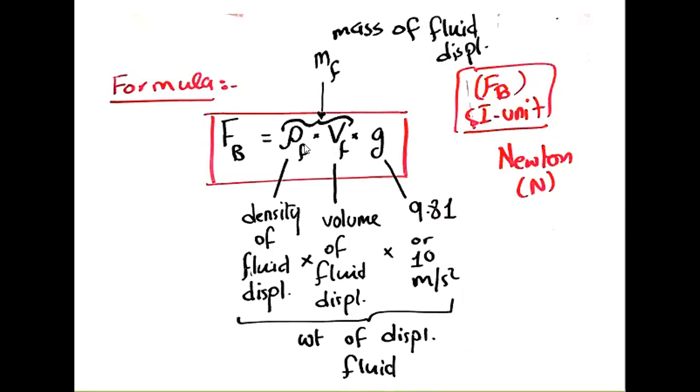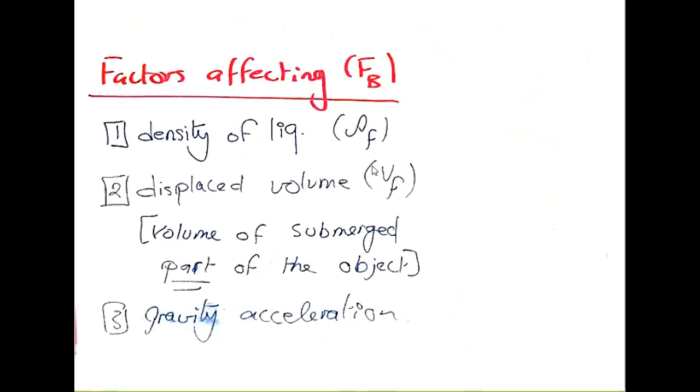No, the real weight is rho of the object, V of the object, times g. But here F_B is the rho of the fluid, the density of the liquid or gas, times the volume displaced when we put the object in the fluid, and g is the free fall acceleration, or the acceleration due to gravity, or the gravitational field strength. The buoyant force is also measured in Newton because it's a force.